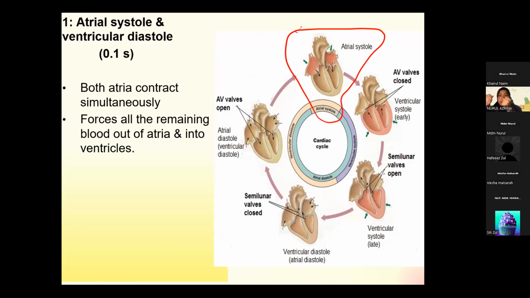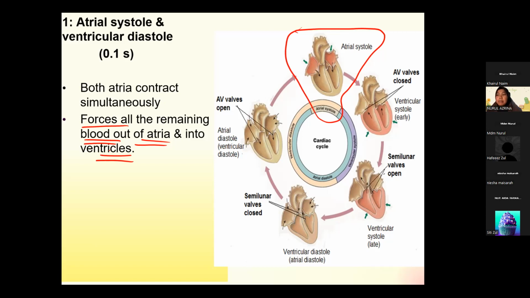Both atria will contract. So when atria contract, it actually forces all remaining blood out of the atria and transported into the ventricle. It will force or empty the atria. The purpose is to empty the atria and the blood will be sent into the ventricle.